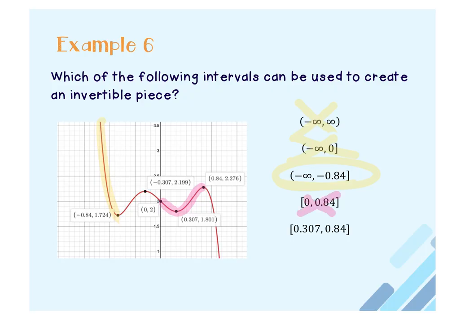No. From positive 0.307 to 0.84, would that pass? Yes. So those are the two sections in which you could pass a horizontal line through, and it's not going to hit more than once.